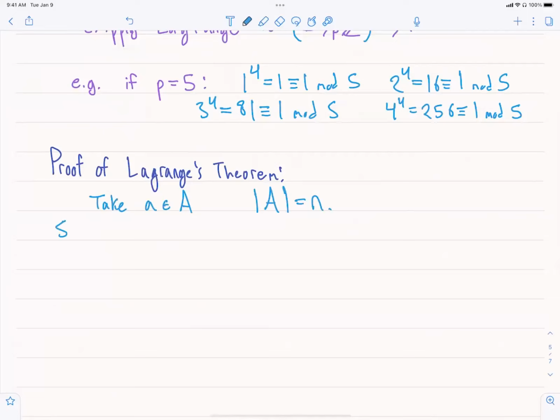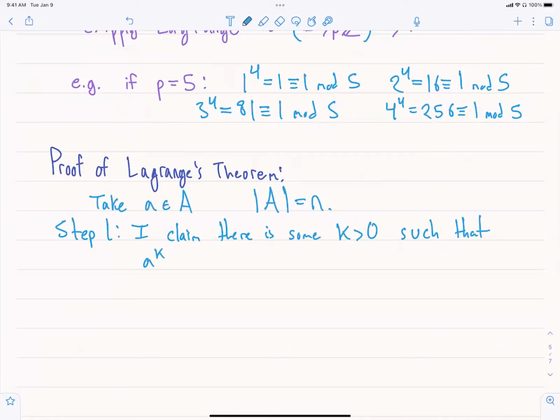So first step: I claim there is some k greater than 0 such that a to the k is equal to 1. How do I justify this claim?